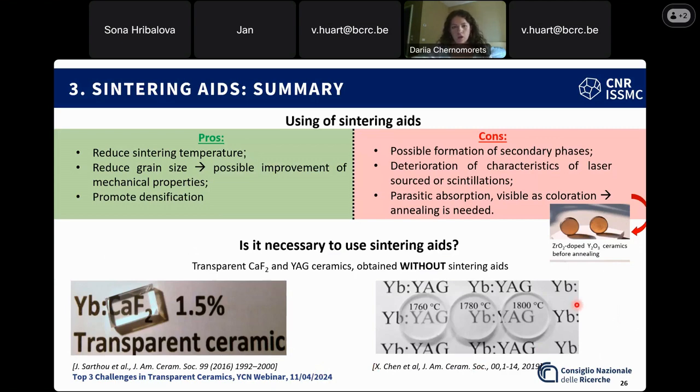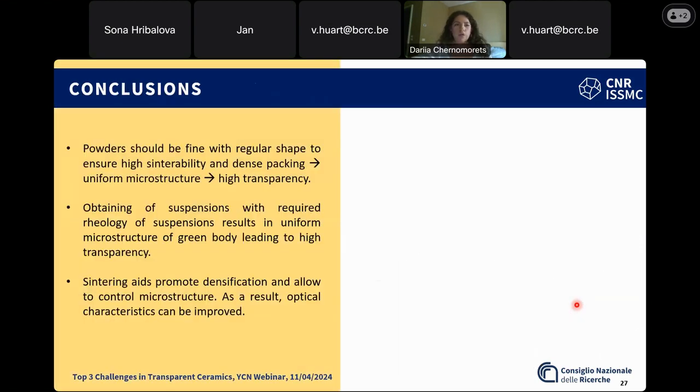So in this case, it's a compromise, more or less, because of course, if I use spray drying and obtain spherical particles, packing density will be higher, but not always are extra steps needed if it's possible to produce highly dense samples without it.